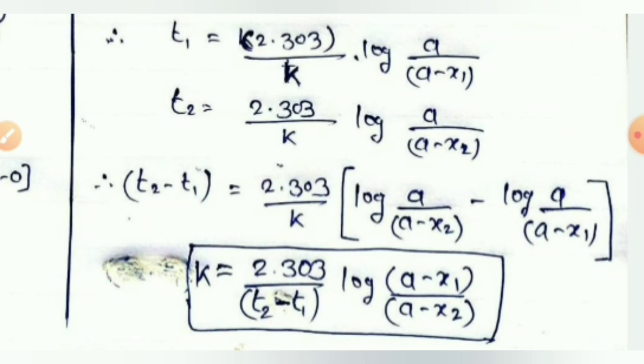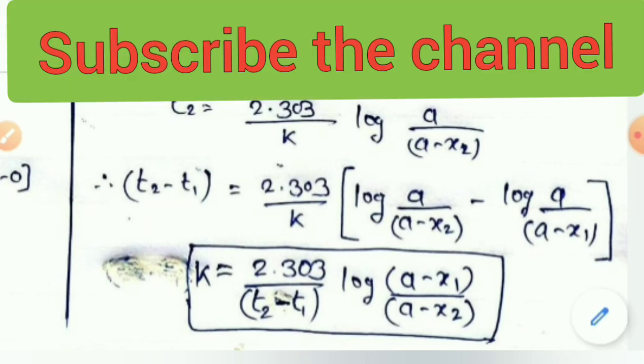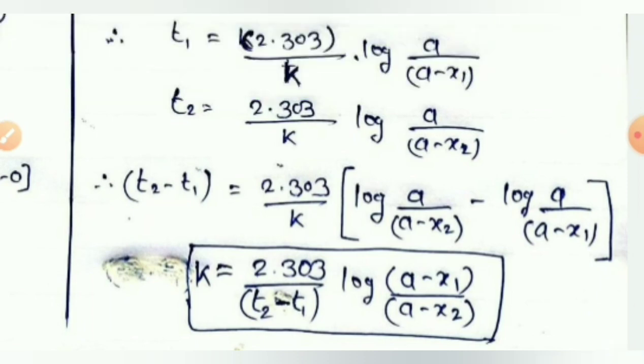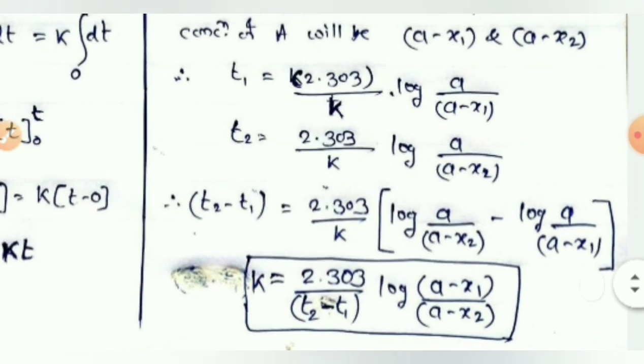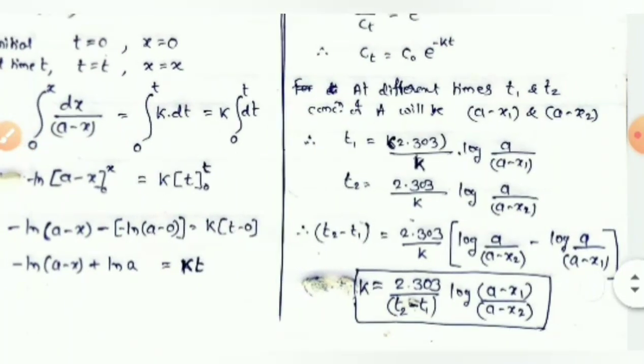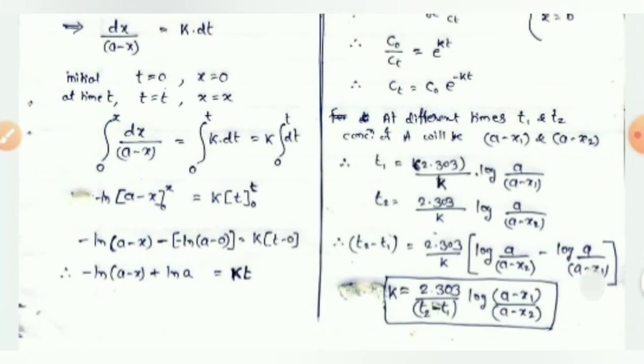From this equation we can modify and get the value of k. So k equal to 2.303 upon t2 minus t1 into log of a minus x1 upon a minus x2. After simplifying the bracket, we get such an equation. So this is the integrated rate equation of a first order reaction at different times.